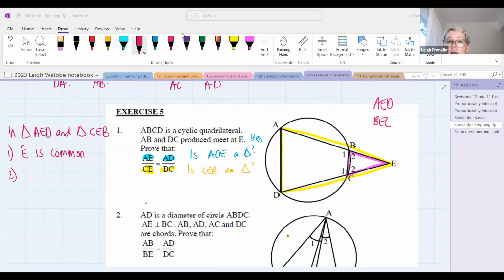Okay, Pigelo, I'm going to do that right now. I'm just going to finish the proof for the similarity, and then I'm going to show you how you would write the corresponding sides in proportion. What's important, Pigelo, is that you've got the order of the letters of the triangles correct. Bear that in mind, and I'm going to come straight back to you. Okay, thank you, ma'am. No problem.